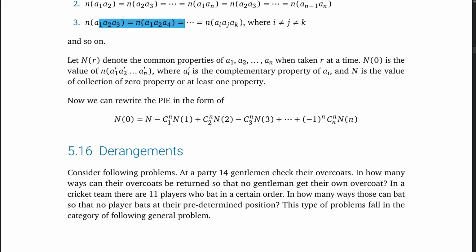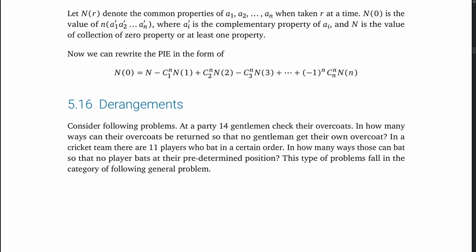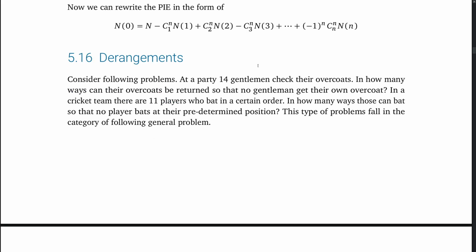Let Nr denote the common value of the properties A1, A2 through An when taken r at a time, and N0 is the value of n(A1' A2' through An'), where Ai' is the complementary property of Ai, and N is the value of the collection of zero property or at least one property. Then we can write N0 equal to N minus nC1 N1 plus nC2 N2 minus nC3 N3, and so on.